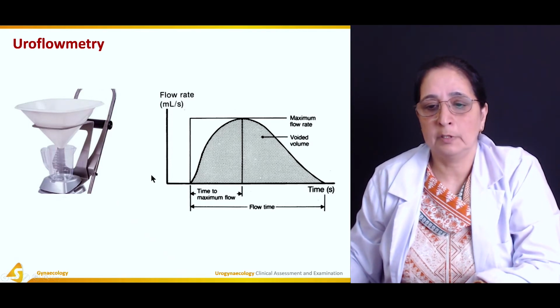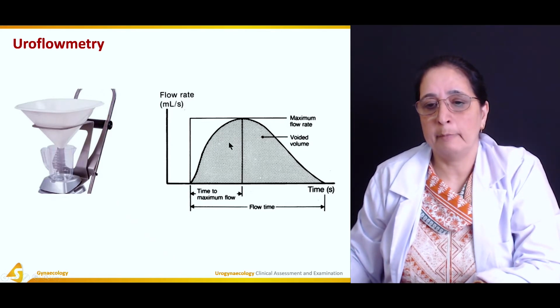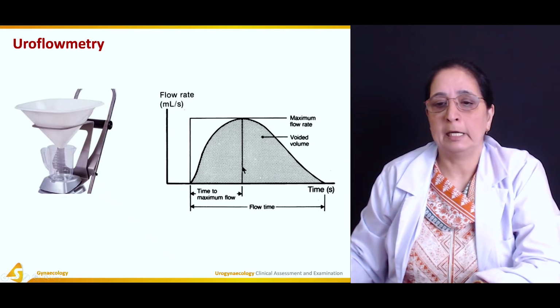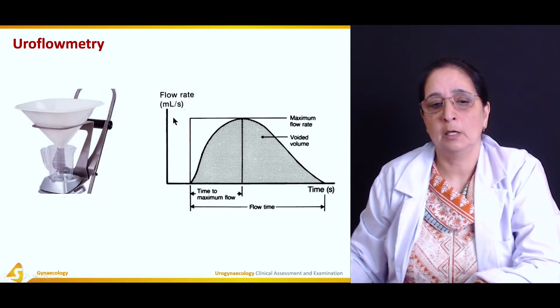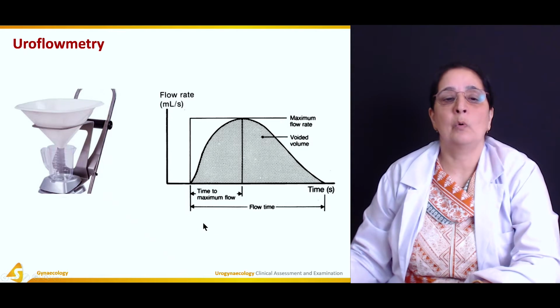So here, if you see, that's how it is measured: how much time, flow time, the maximum amount of urine voided, and maximum flow rate, or what was the flow rate of the urine. Uroflowmetry.